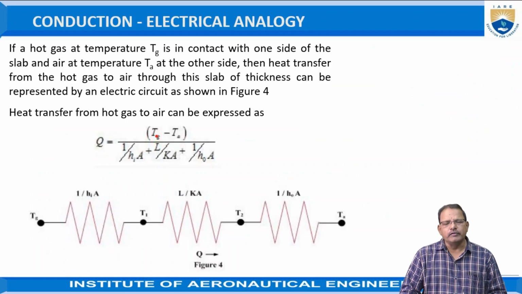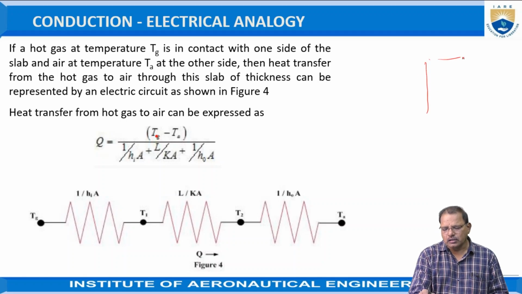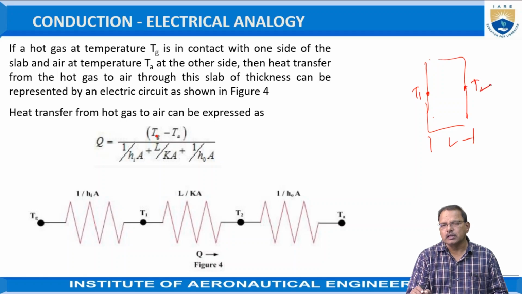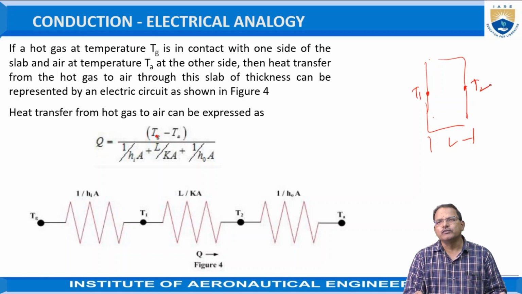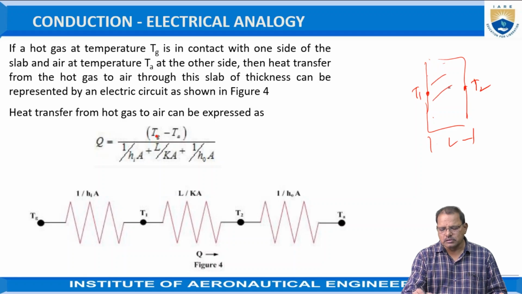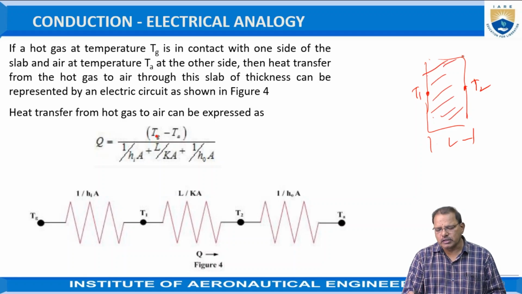Now take one more object, where L represents the length, T1 is the temperature at one end, and T2 is the temperature at the other end. The energy flows through this slab or bar by thermal conductivity.